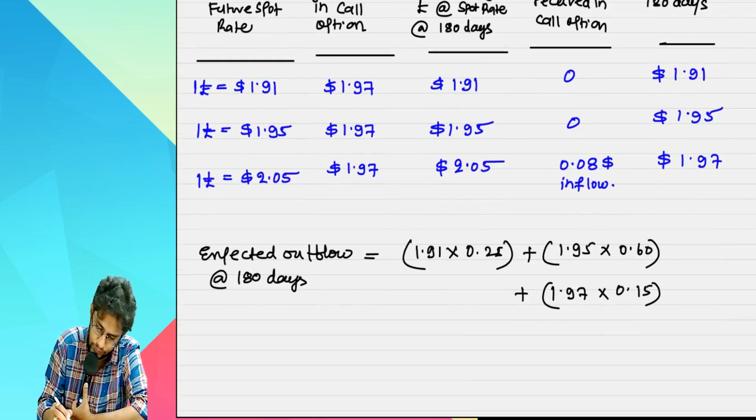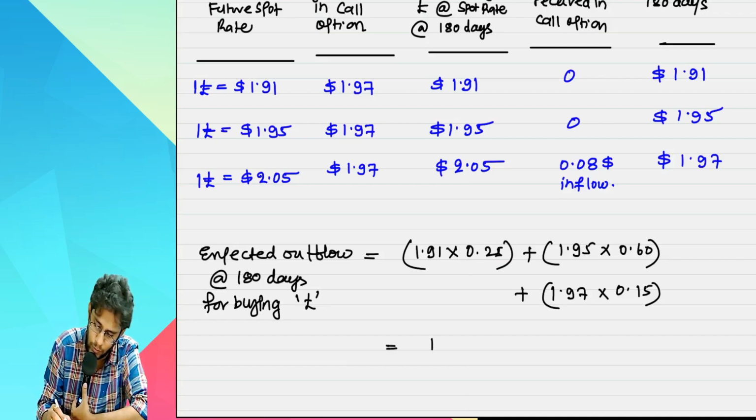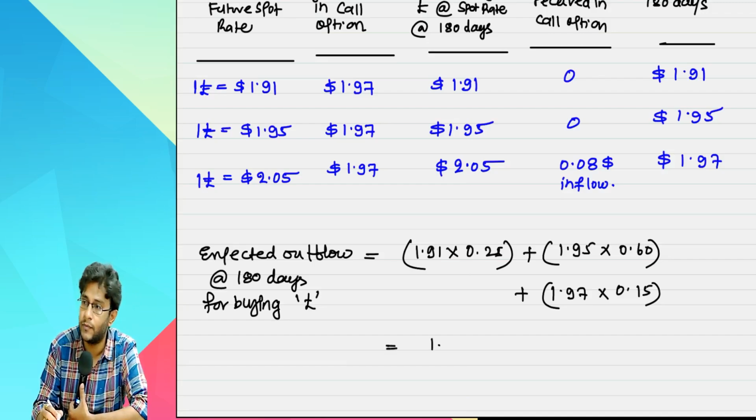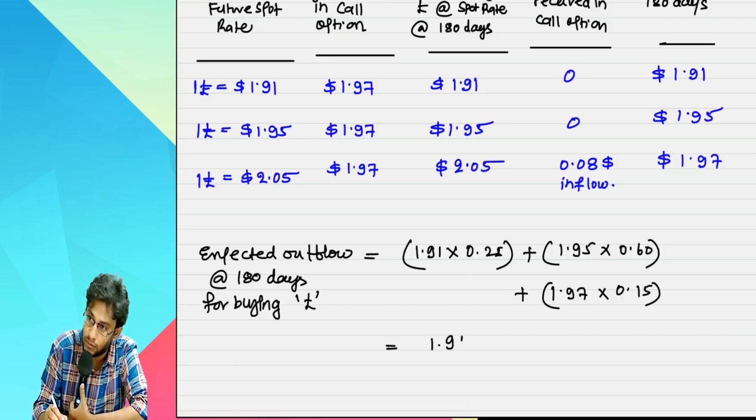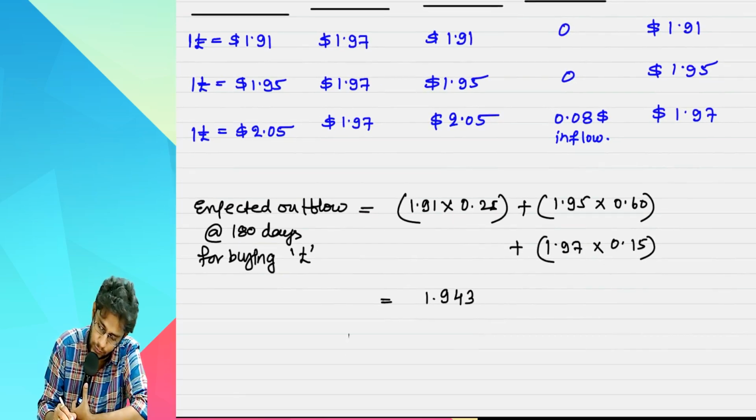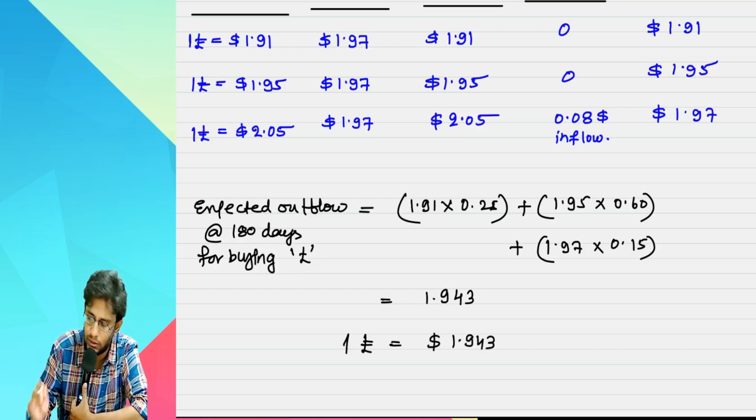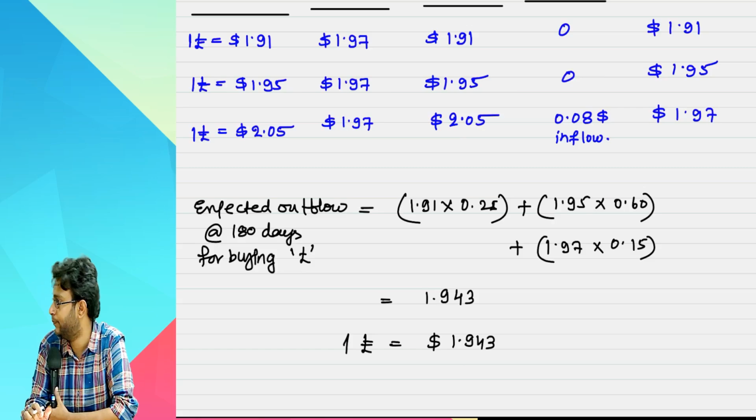So 1.943. So 1 pound you are likely to buy at $1.943.